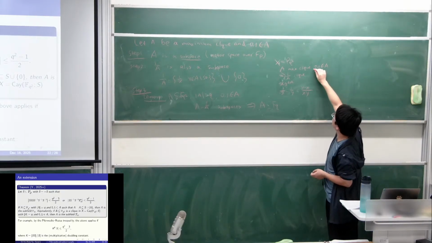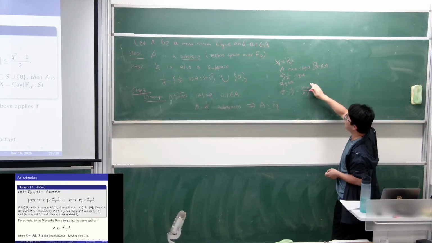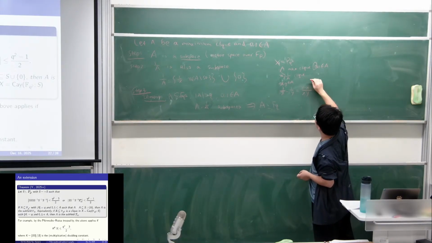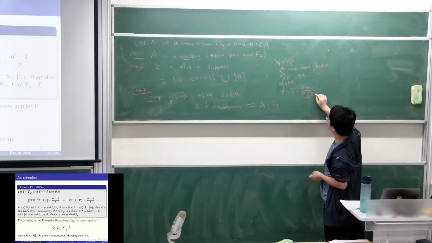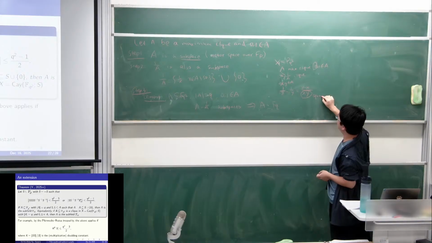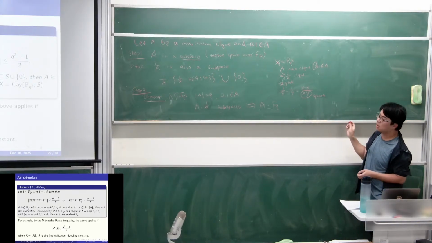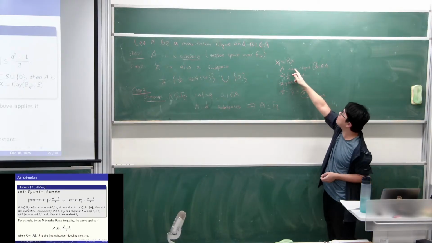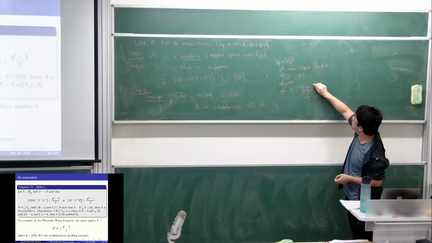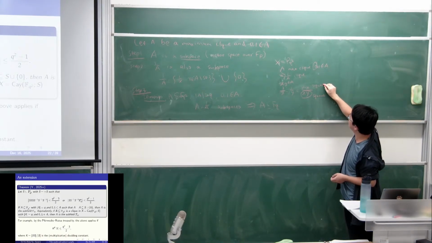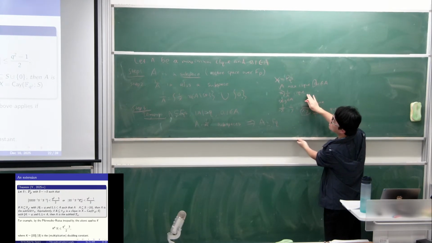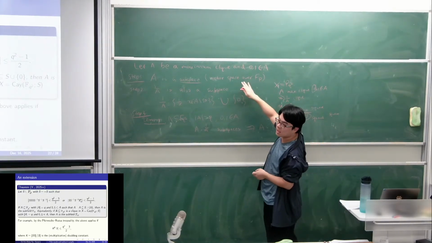Something to notice is that 0 is in A, which means that if x and y are in A, they must be squares. So xy is already a square, because both x and y are squares. And we know that y minus x is a square by definition, because A is a clique. So square over square is a square. Okay, so this shows that 1 over A is a clique. So essentially, step 2 reduced to step 1.